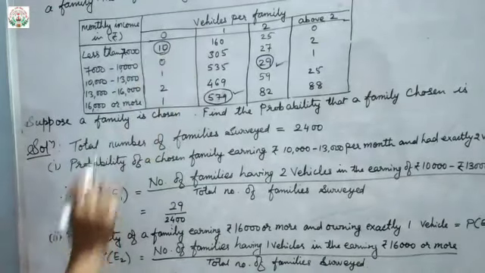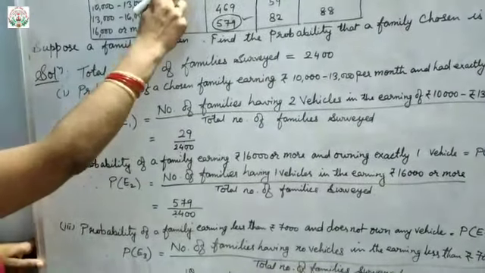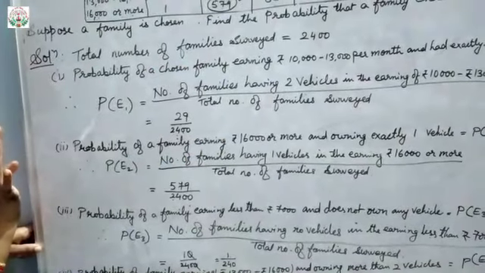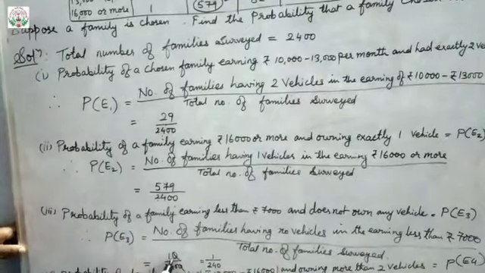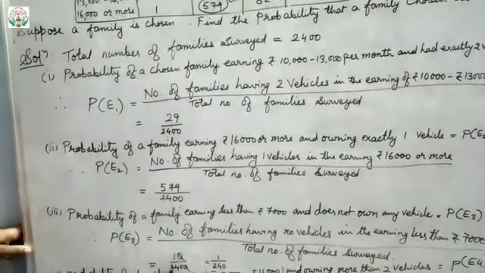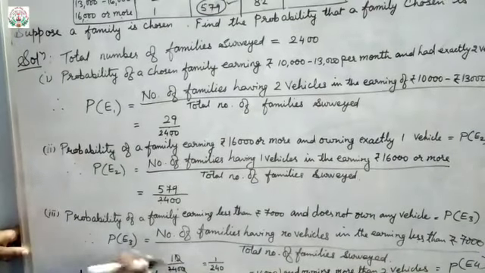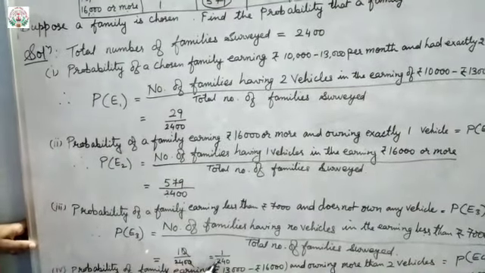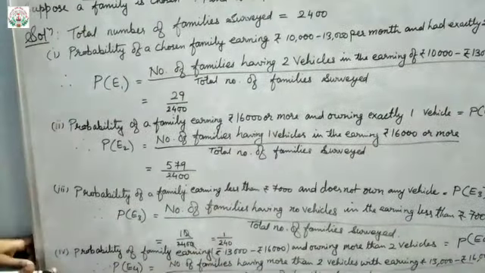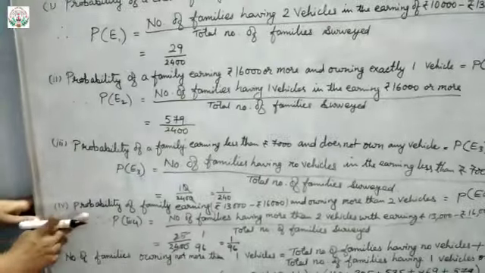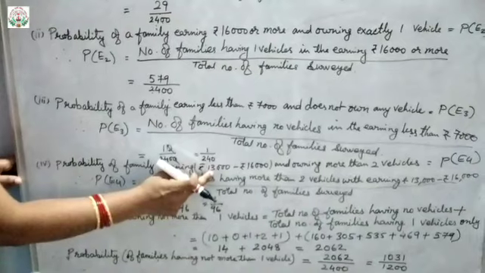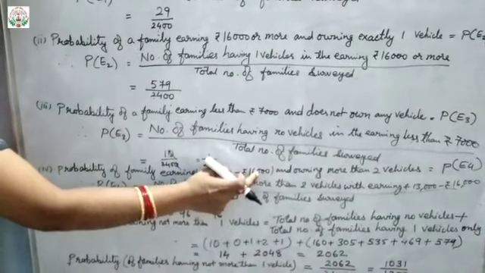So the number of families having no vehicle and monthly income less than 7,000 is 10 upon 2,400. The 0 will get cancelled, so the fraction will be 1 upon 240.